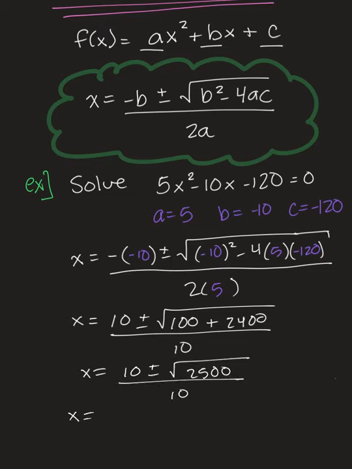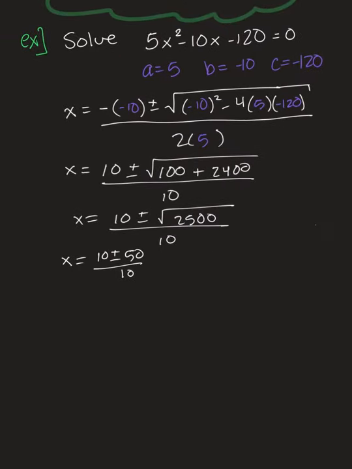And then the square root of 2500 is going to be 50. And that will give us either x is equal to 10 plus 50 over 10, or x is equal to 10 minus 50 over 10.